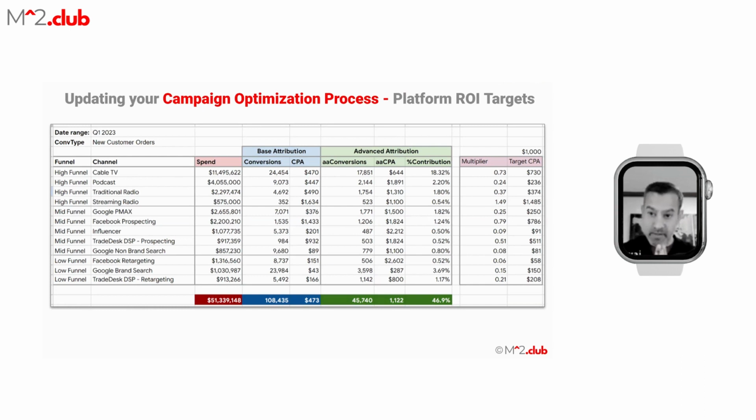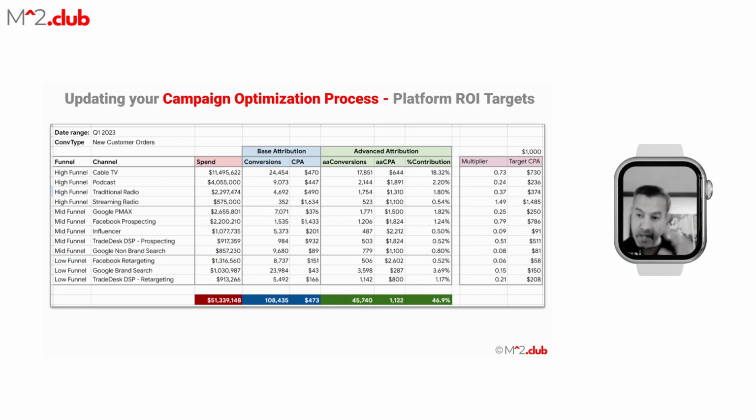Many of the biddable channels, like Facebook, AdWords, programmatic, and OTT, you optimize to a target ROI, like a target CPA or target ROAS. The big confusion is, how do you translate an advanced attribution CPA or ROAS to a platform CPA or ROAS, so that you can set those targets and manage to them?